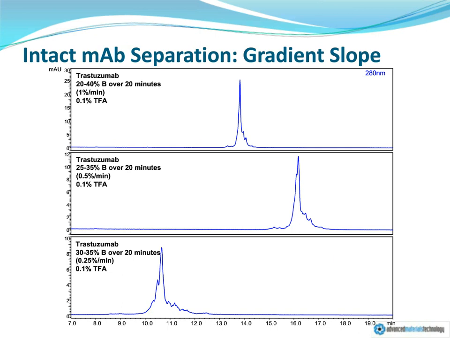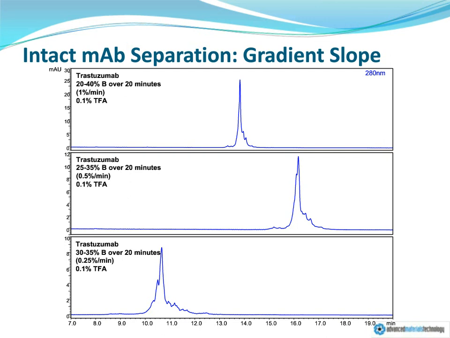In this case, looking at trastuzumab with a fairly steep gradient, a flatter gradient, and then on the bottom panel, an even flatter gradient. So in this case, we're just varying the rate at which acetonitrile is varied, in other words, the gradient steepness. In the bottom panel, we're beginning to see a lot of what look to be potentially variants come away from the main peak.